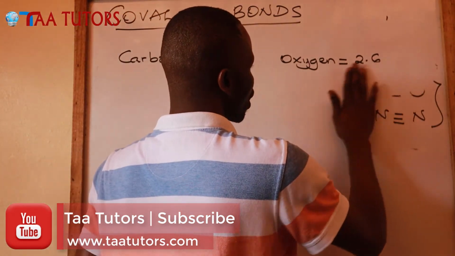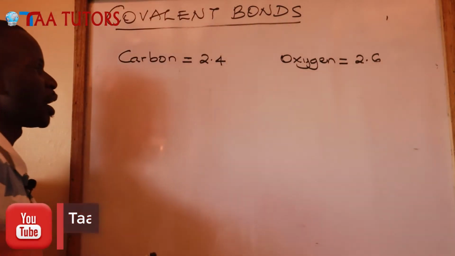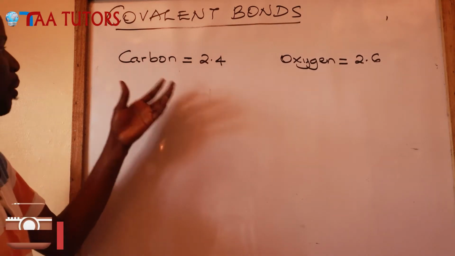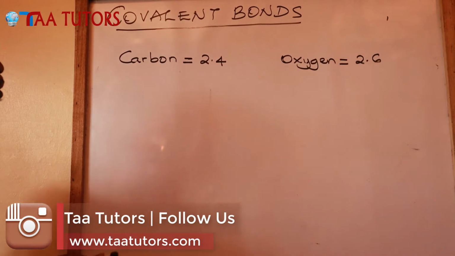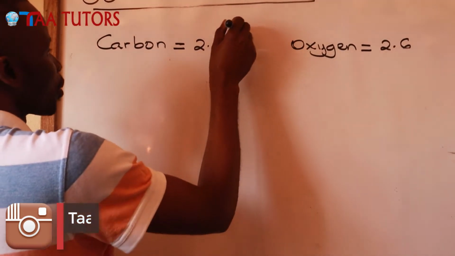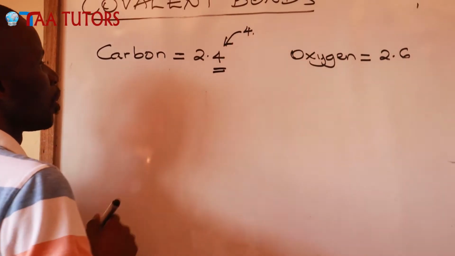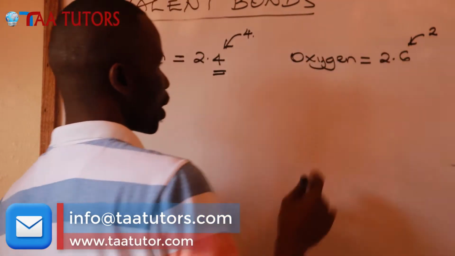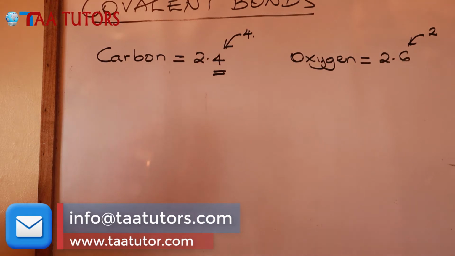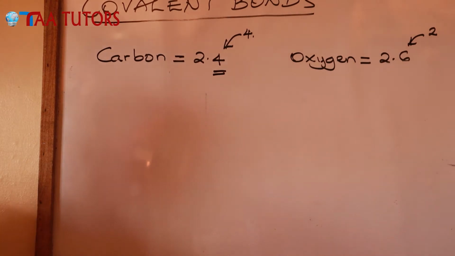I want us to reason out with these atoms together. Carbon 2, 4. Oxygen 2, 6. 2, 4 meaning that carbon requires 4 electrons to be stable. Oxygen here requires 2 electrons to be stable. We just have to reason out before we start knowing how these things will bond together.